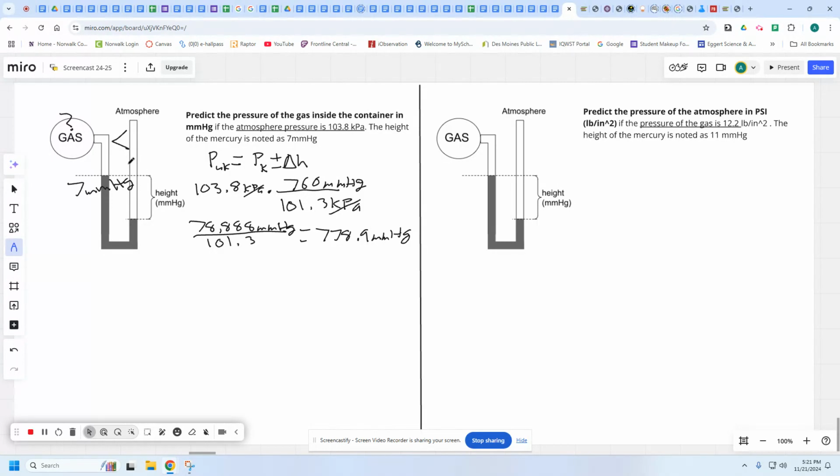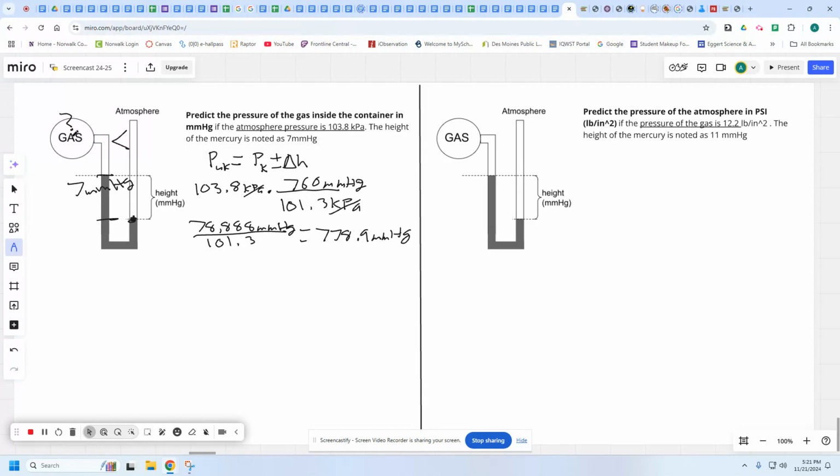I want you to conceptually think that if they were equal pressure on both sides, the levels would be equal. So the atmosphere must be applying more force to the surface of this mercury down here and shoving it up and over. So really the atmosphere is holding up the weight of all this mercury that got changed for its height. So the atmosphere has more pressure than the gas.